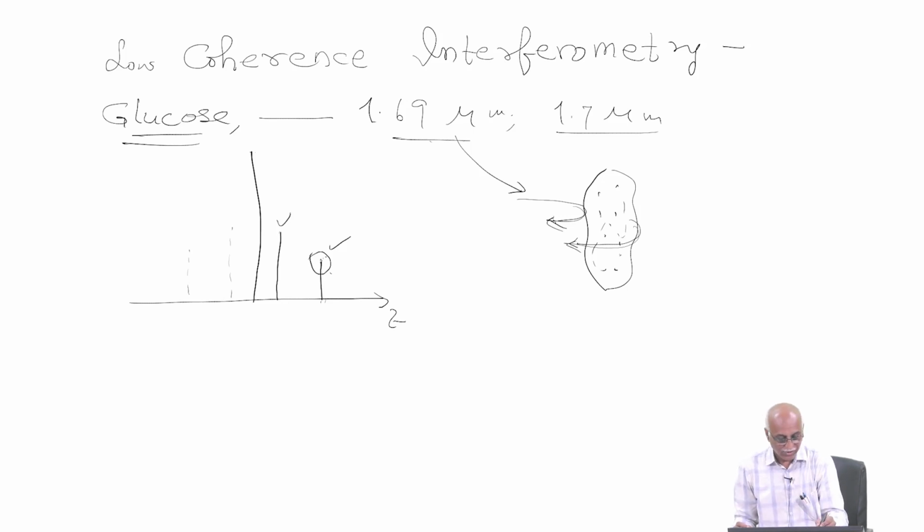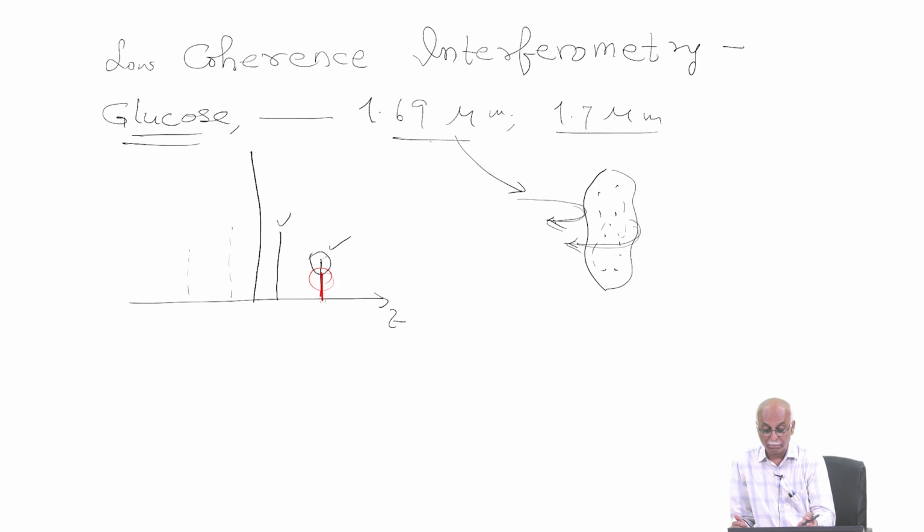So, this height will decrease. Why? Because this light undergoes some absorption, isn't it? Intensity will be different at different points of time, okay. So, we can capture this information in terms of presence or absence of glucose, okay.